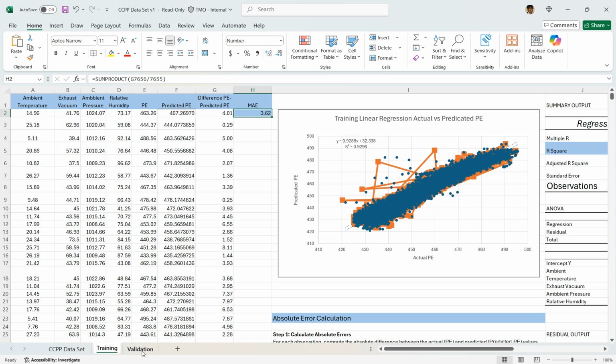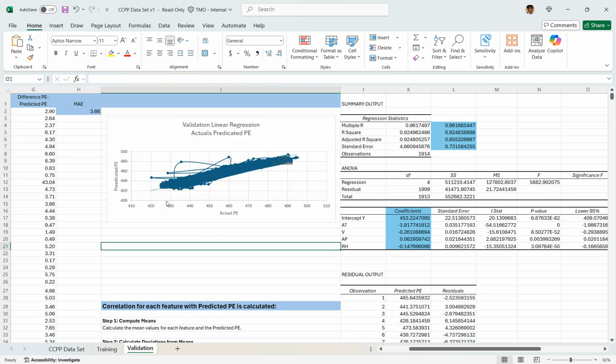For the variance, we basically followed the same format, but we have a little tighter fit, if you will, in the actuals versus the predicted PE.